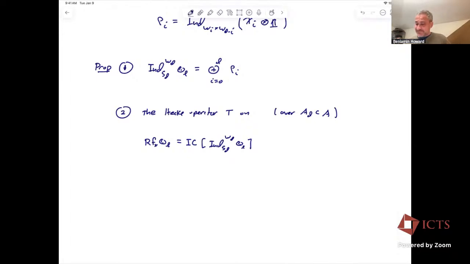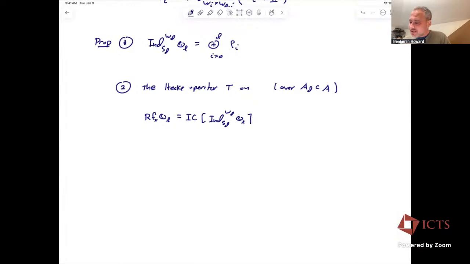And then applying this mysterious IC extension functor, this sheaf now decomposes according to the decomposition of the representation. So IC of rho_i.